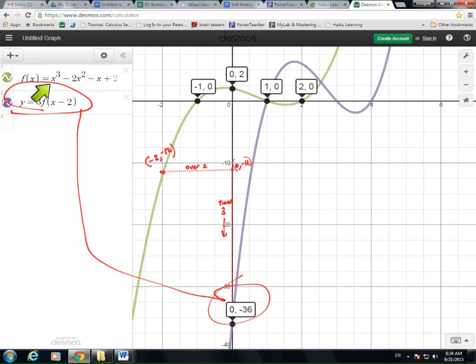So I didn't even have to find algebraically what my new function for g of x is. I just took the original function and let Desmos apply the transformations. So the beauty part is we now have 1, 0, 3, 0, and 4, 0 to verify my x-intercepts, and I also have 0, negative 36 to verify my y-intercept.